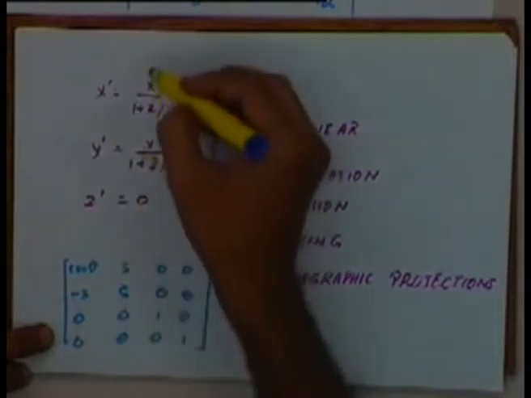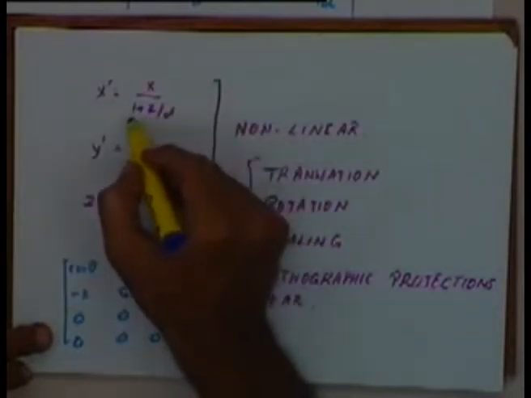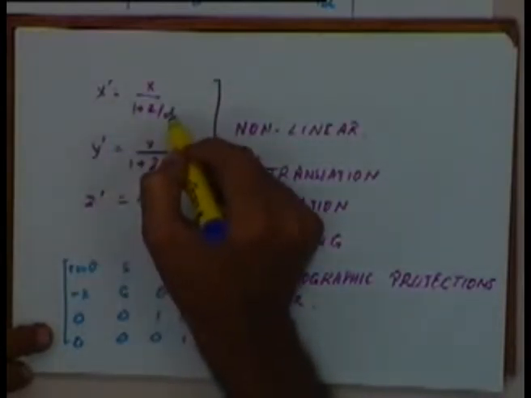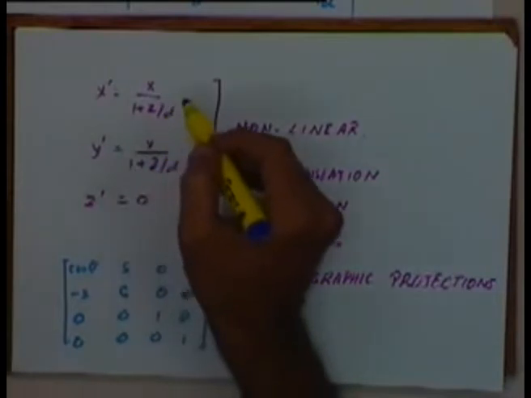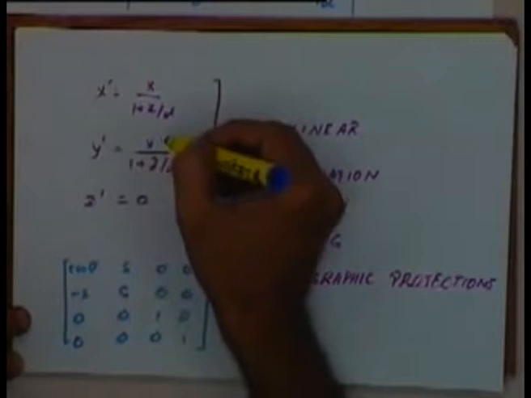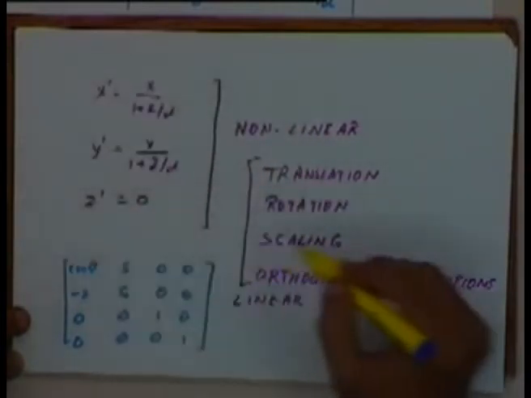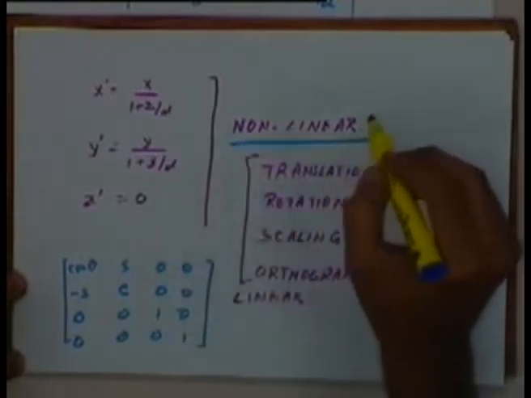But this is not a linear combination of x, y and z. x prime is equal to x divided by a term involving z. That means x prime is not a linear combination of x, y, z. Similarly, y prime is also not a linear combination. That is why these kind of transformations come under the category of non-linear transformations.